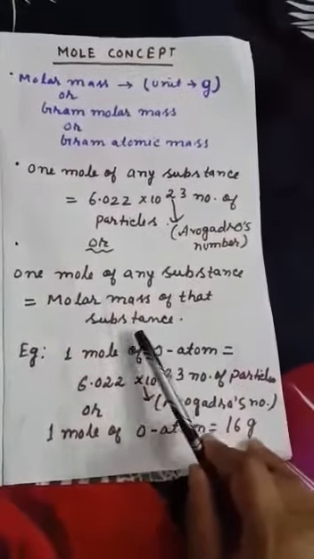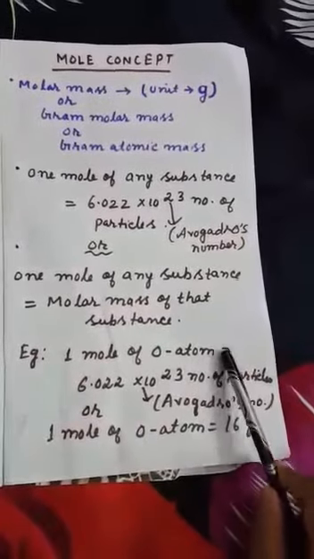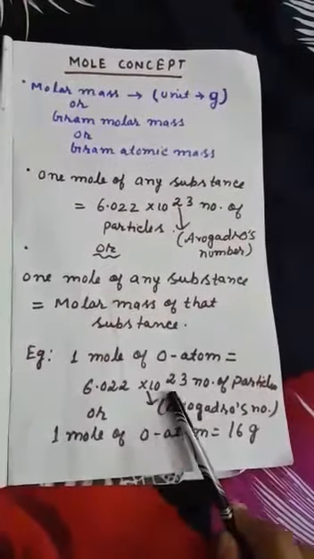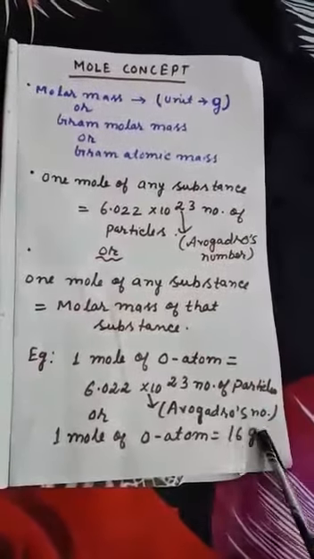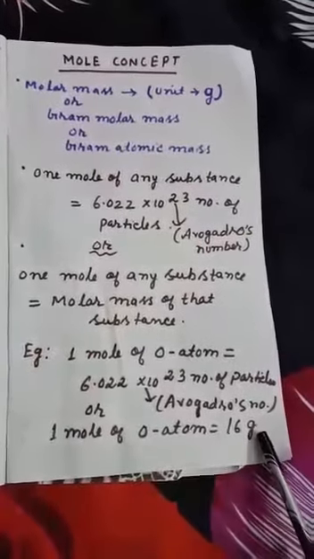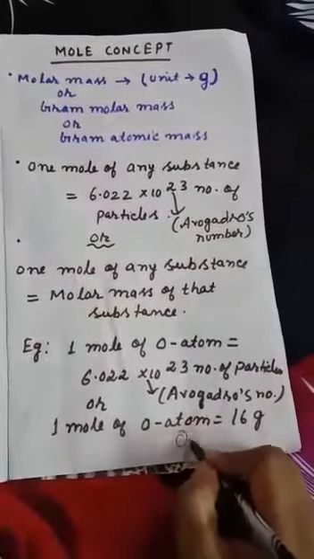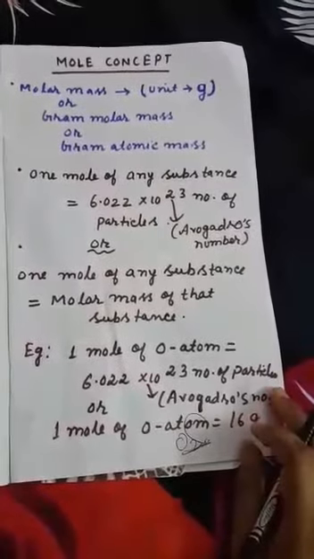For example, if you consider oxygen atom, you can define 1 mole of oxygen atom in two ways. If you consider number of particles, it will be 6.022 into 10 to the power 23 particles, or if you consider mass, then 1 mole of oxygen atom equals 16 gram. Can you tell me what will be 1 mole of oxygen molecule?